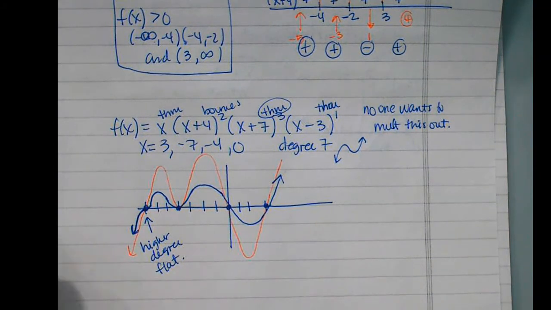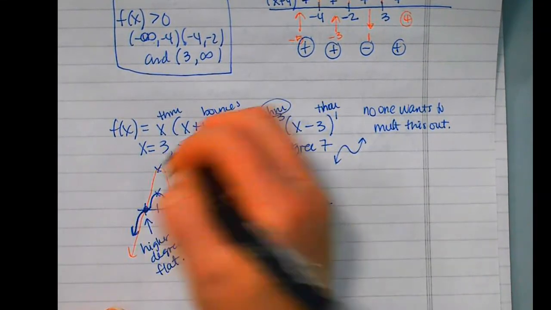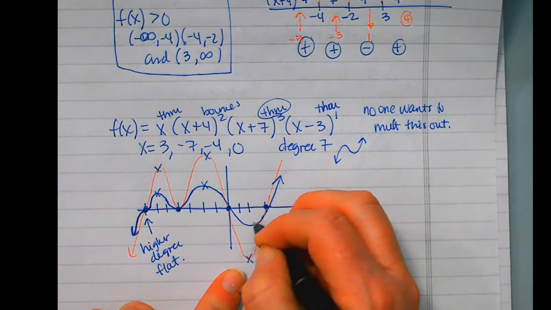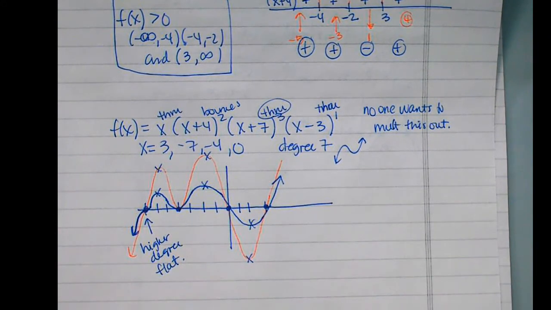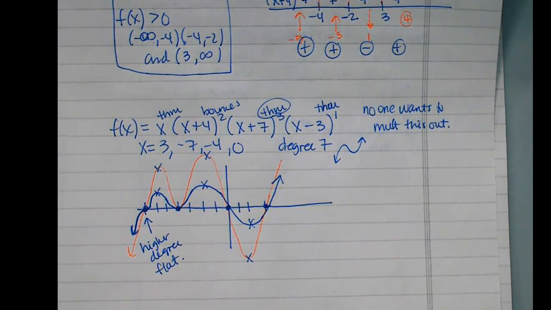We still recognize that there would be some sort of maximum on this side, right? 2 maximums, and then this would be some sort of minimum, but we'd have to do more calculations to figure that out. So this is just a sketch. But we know a lot, and we graph a really complicated thing quickly, okay?